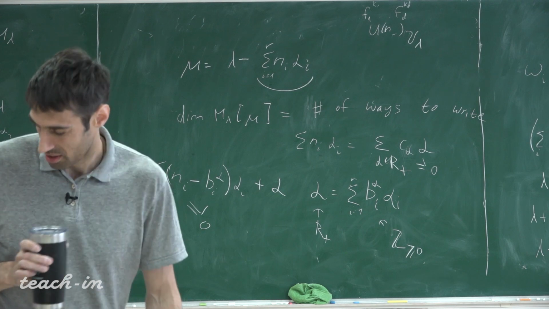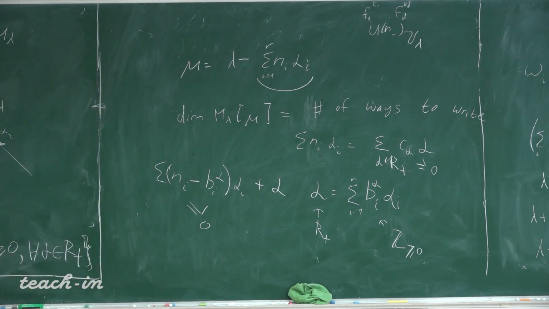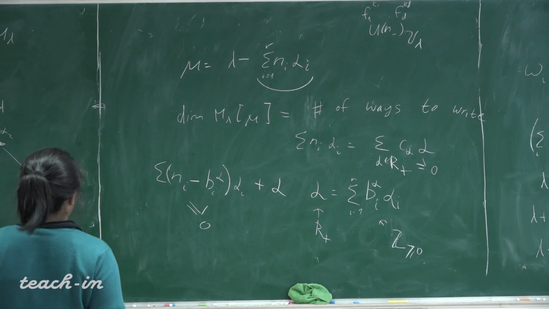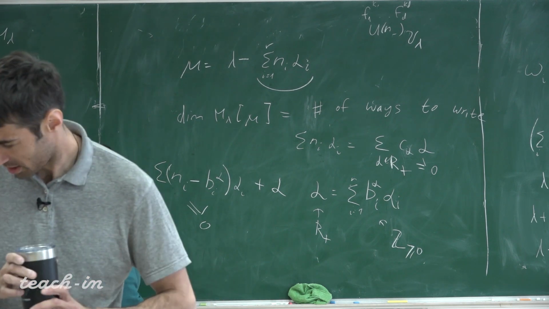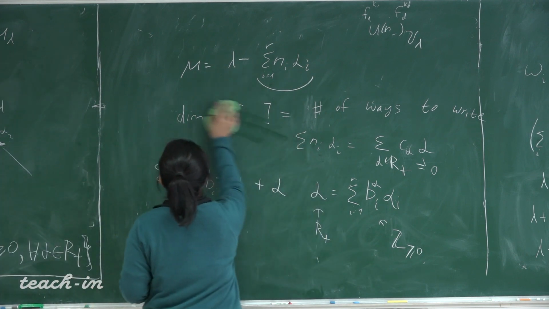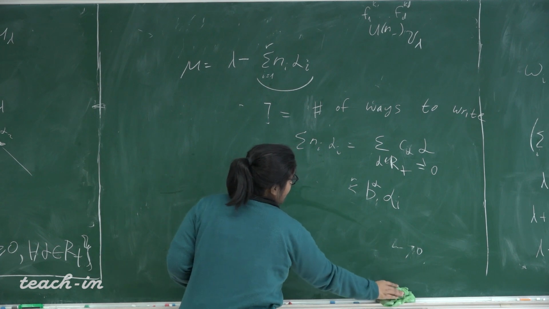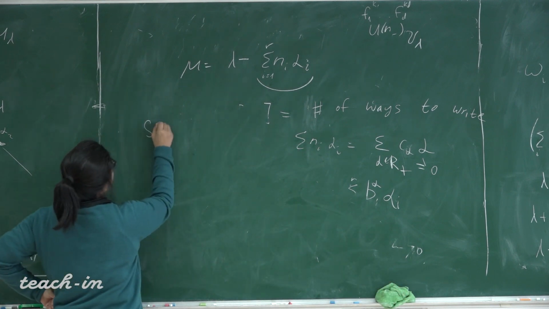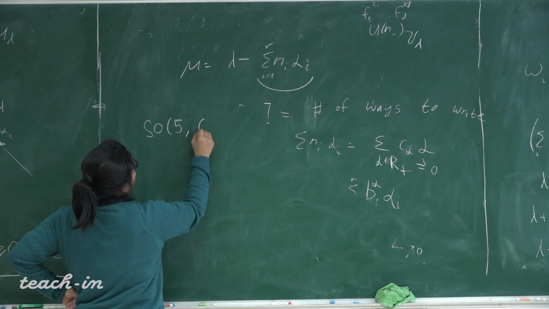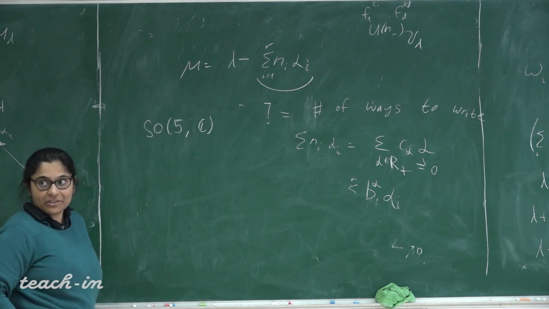So, okay. Sanchita, you said that you have some idea about 10.4. I didn't make much progress, but I can speak. Okay, sure. First, remind us what 10.4 was about. The question is about SO5C, and we have to write the fundamental representation for it.